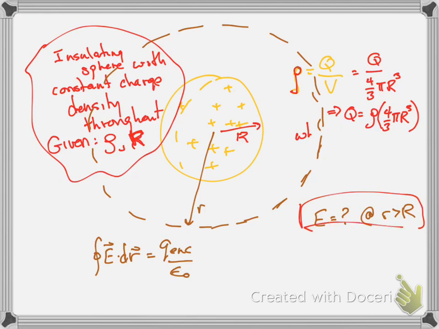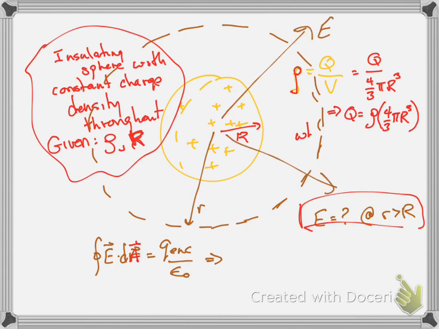So we're going to apply Gauss's law, E dot dA is equal to charge enclosed over epsilon 0. And so we can say it's the same thing as a point charge, right? The electric field lines are going to be emanating off of this thing in a spherical way.